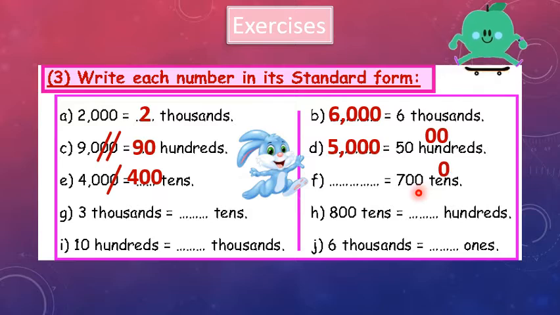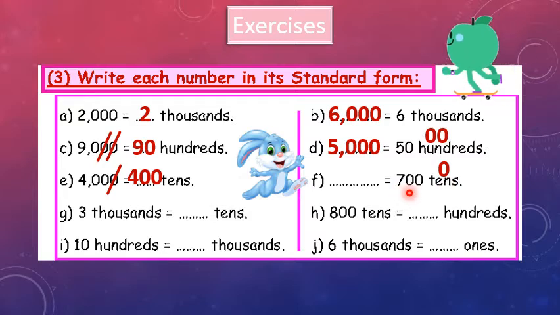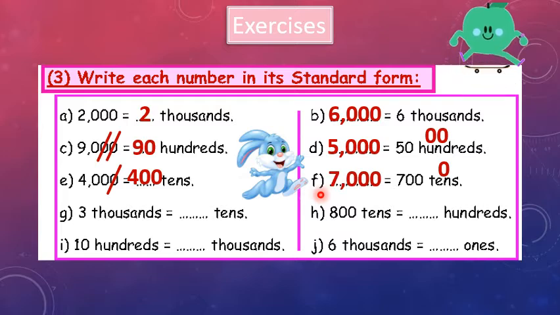If you notice that tens means 1 0 only, then let's go and write down 1 0 above it. Then 700 and 1 0 more, it will be 7,000, like this. Here we have 3,000 equal how many tens?